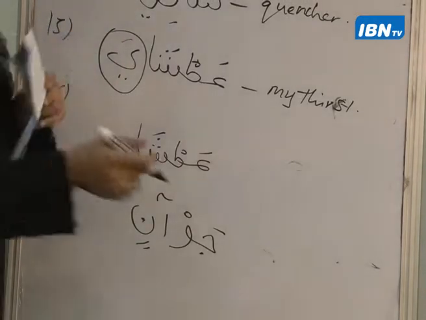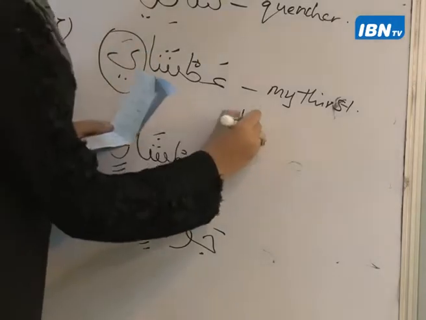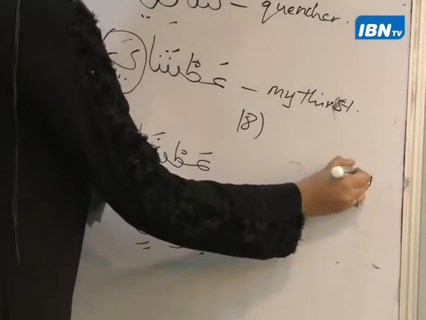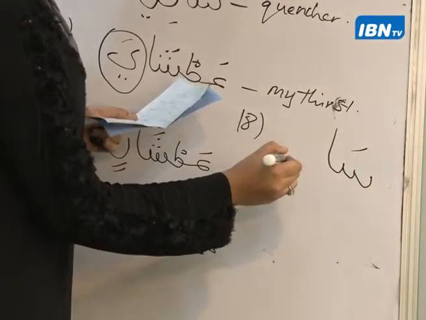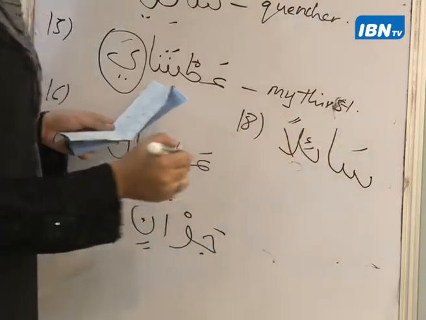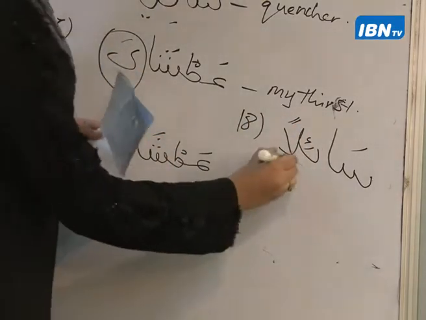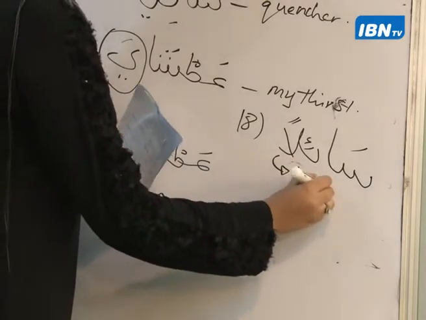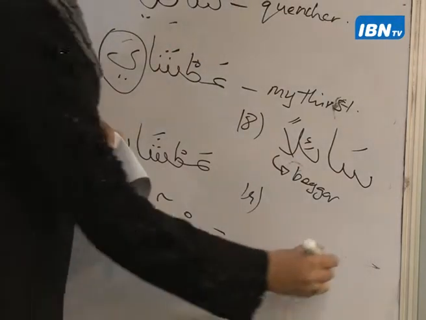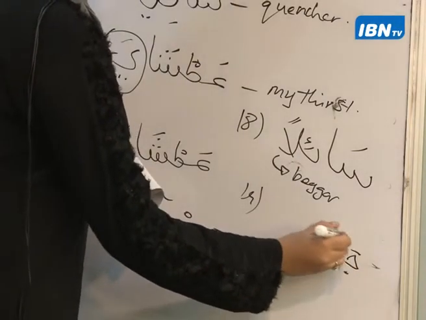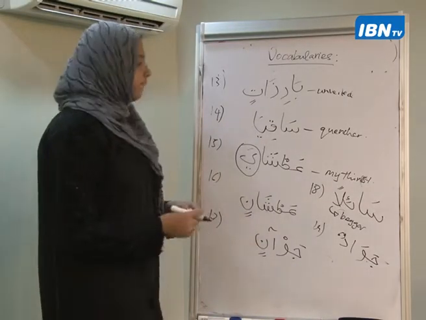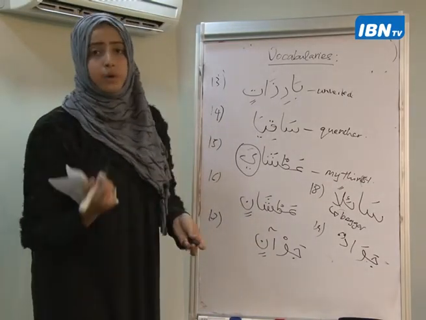Just two last words and we get done. Then we have sa'ilan. Sa'ilan means beggar. Then lastly we have jawadun. Jawadun means generous. And there are many more words.